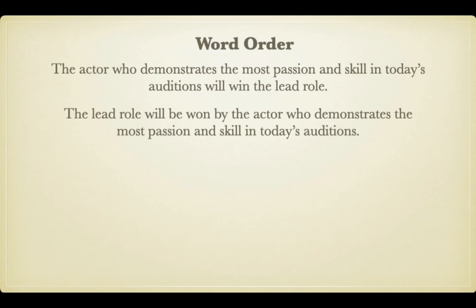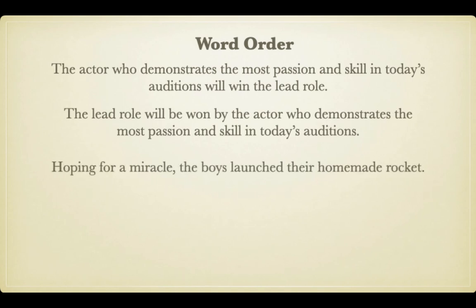Similarly, you can emphasize phrases by moving them to the beginning of a sentence as well. By delaying the subject and verb of the sentence, you can build a sort of feeling of suspense. Hoping for a miracle, the boys launched their homemade rocket. In this example, emphasizing the phrase hoping for a miracle makes the readers curious about what happens next.